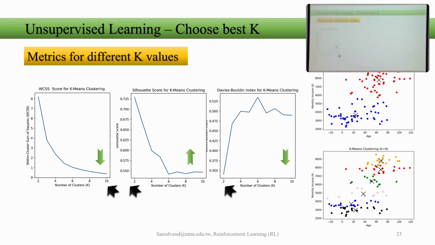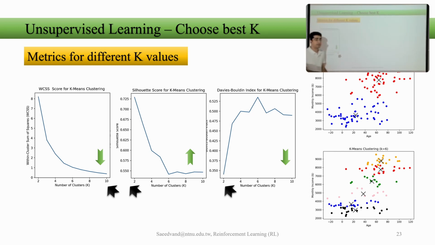So here I plotted for you. This plot is exactly the same plot for the data set that I showed in the class on these slides. So this is the number of clusters, k. You see that I evaluated from 2 to 10. And here, the WCSS metric, you can see that it decreases. Why does it decrease? I told you there is a tricky point that is a little bit problematic there.